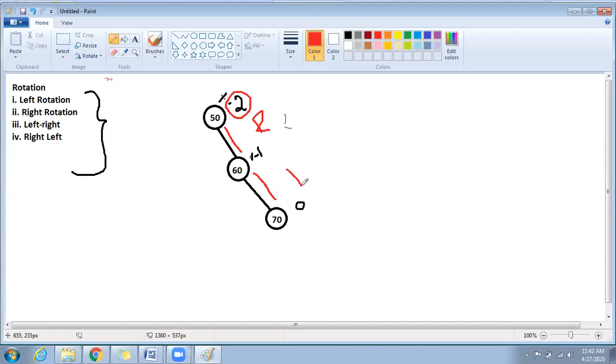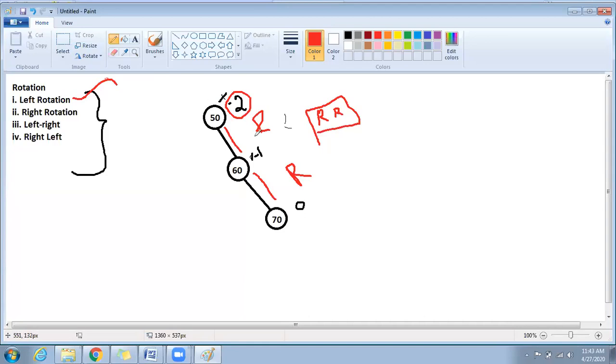Right. So you have to check two places down from the place where you are getting the violation. Both are right, correct? Yes, ma'am. So if both are right, you have to follow the left rotation.